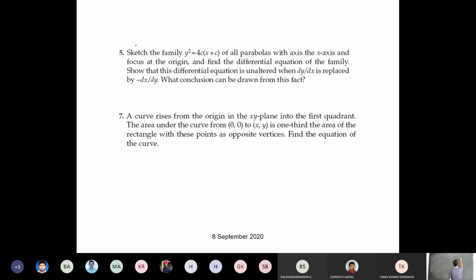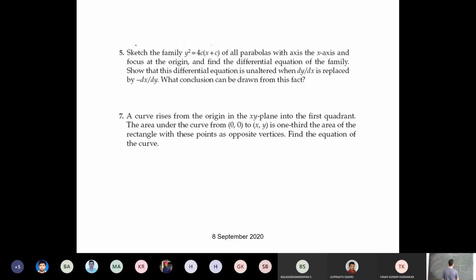Okay, so if I want to draw it, what is it going to be like? They say that the focus is at the origin. So it is going to be something like this. If the focus is at the origin, that means the vertex is going to be at minus c, 0, right?